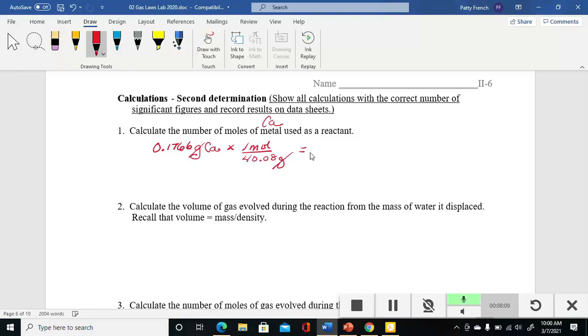And that gave us, for the moles of calcium, 4.406 times 10 to the negative third moles of calcium.